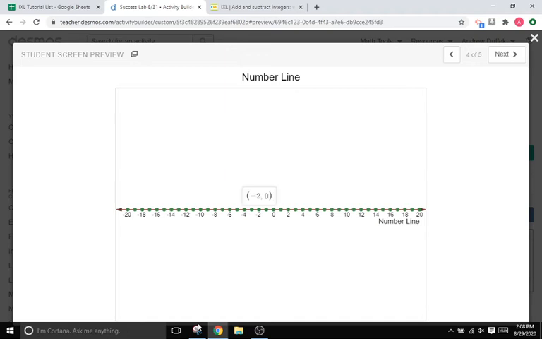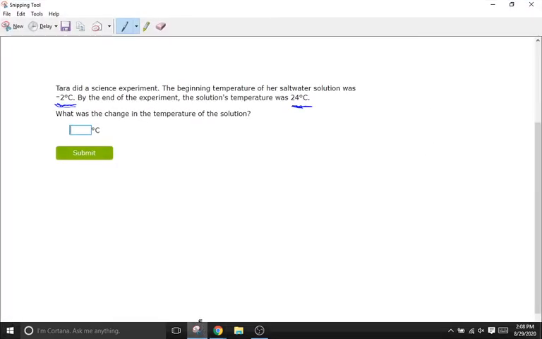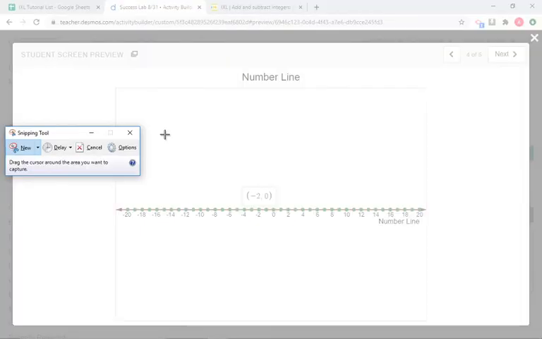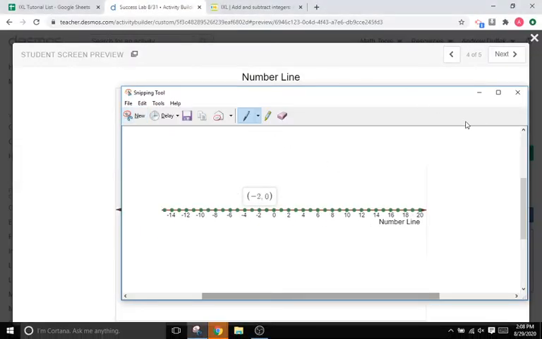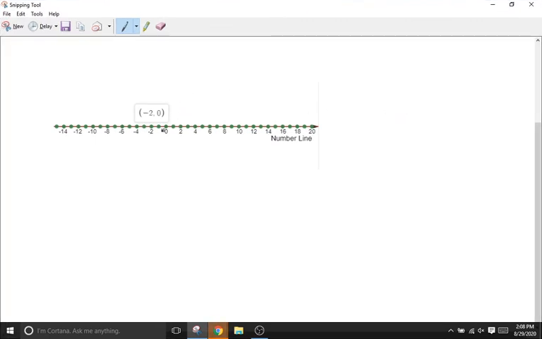And so what is the space between -2 and positive 24? Okay, so we can do this in two ways, and I can take a little snapshot of this as well. Okay. So we'll start at -2, and then it's going to end up at positive 24.